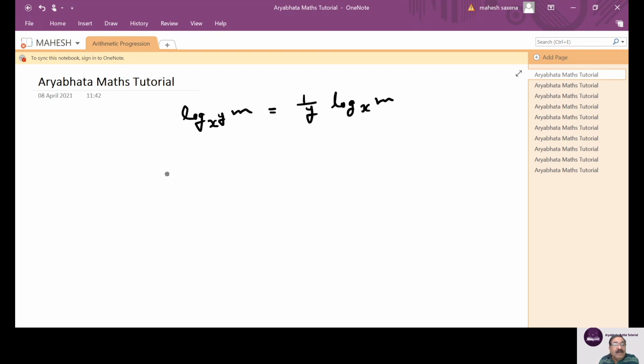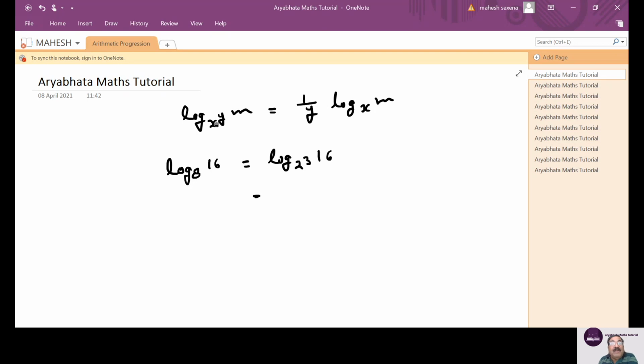Suppose you have to find the value of log base 8 of 16. You can write this as log base 2 cubed of 16.